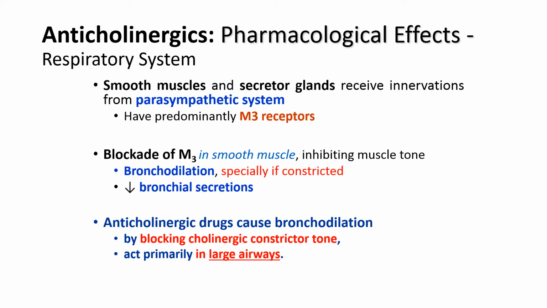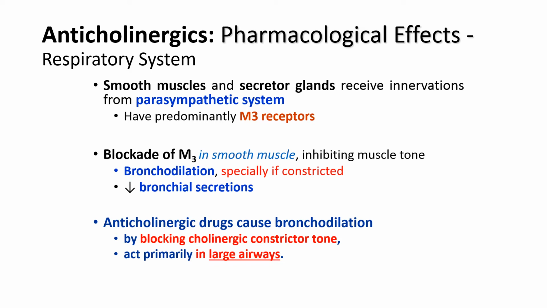So if we block M3 receptors in the smooth muscles and in the secretory glands, what it will do, it will lead to bronchodilation. It can lead to bronchodilation apart from reduction in the secretions, along with the reduction in the respiratory secretions or bronchial secretions.